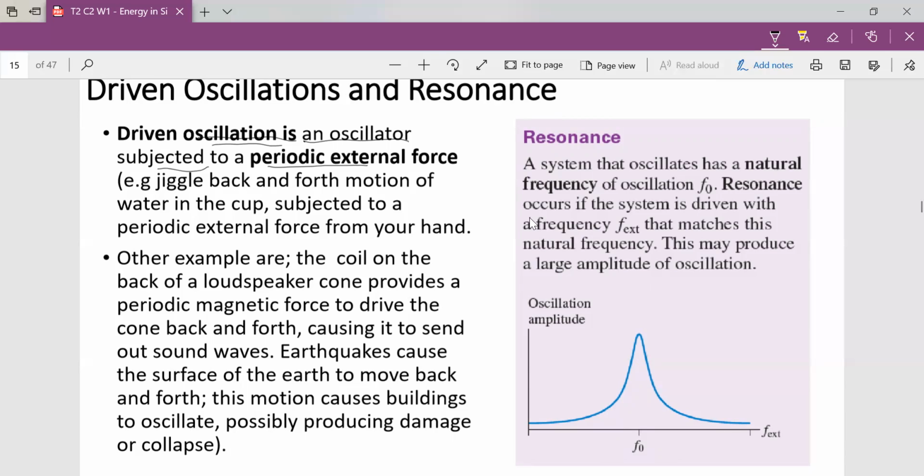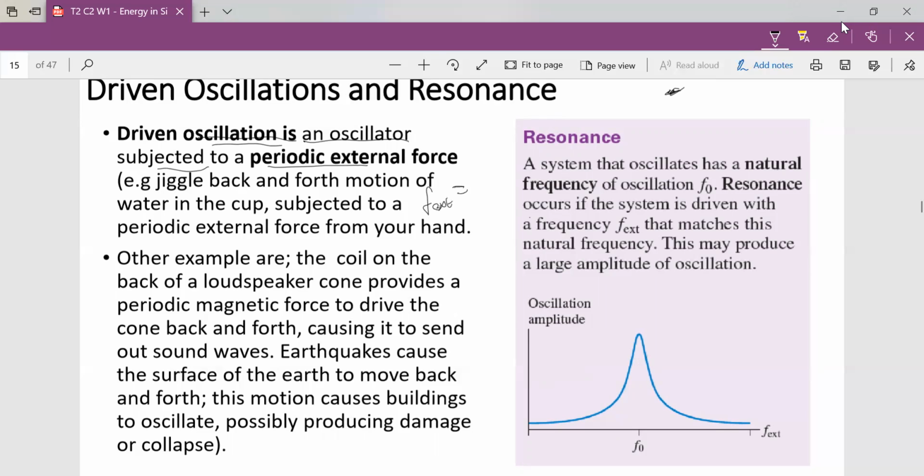if you have, for example, the force, we have frequency for the external force.